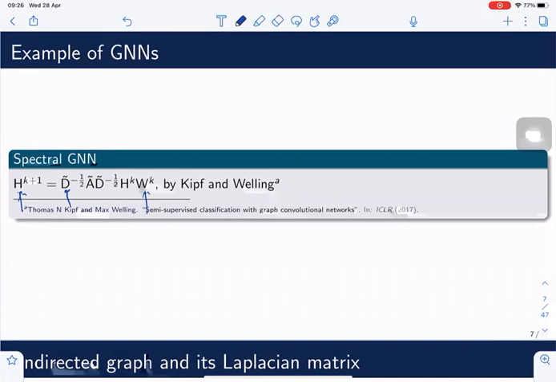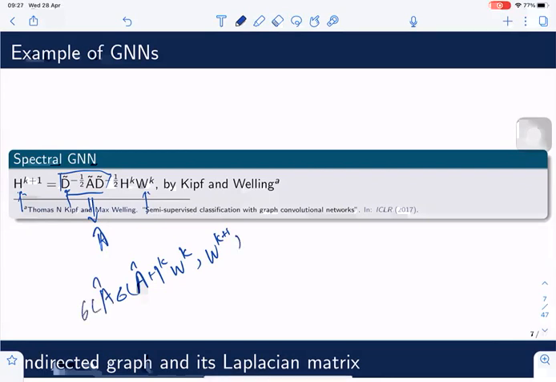If we set this part as A, you can write down this equation following the layer-wise rule. If you take more layers, you can write down the A, and here H_K, W_K, with the activation function, and W_K plus 1 and A in the next layer, and you can add more layers just by adding more parameters. So it's very layer-wise.